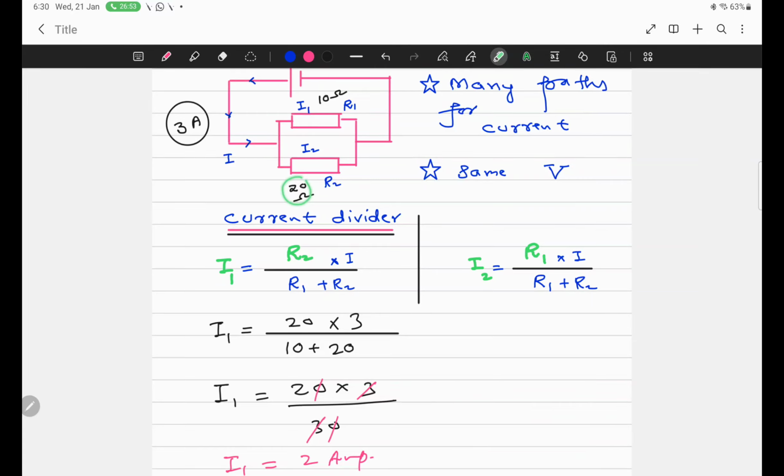If the resistance is high, then there will be small current. So you can see 2 ampere current through R1, so 1 ampere current through R2, because this 3 ampere is divided. Is it clear or not, Simra?